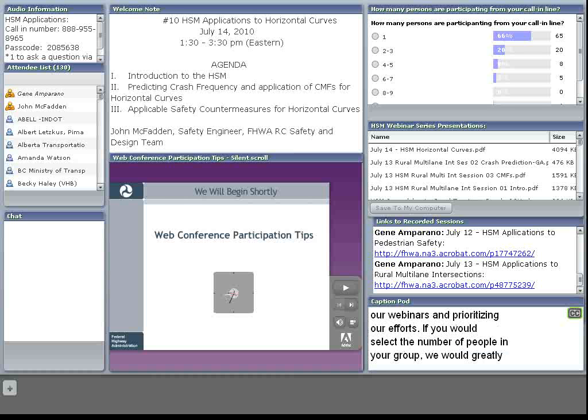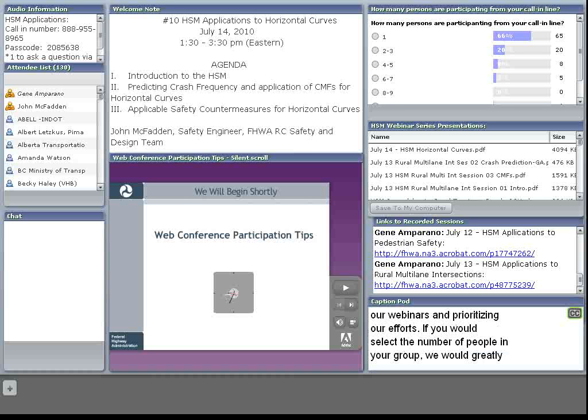Why do we need the Highway Safety Manual? Well, I had mentioned it earlier. We're trying now to explicitly have the capability to incorporate safety into the decision-making process. In order to do that, we need to be able to quantify the effects of different design decisions on safety in a similar way as we can quantify the effects of different designs and the impacts they have on the construction cost, the right-of-way, environmental impacts, or operational impacts.